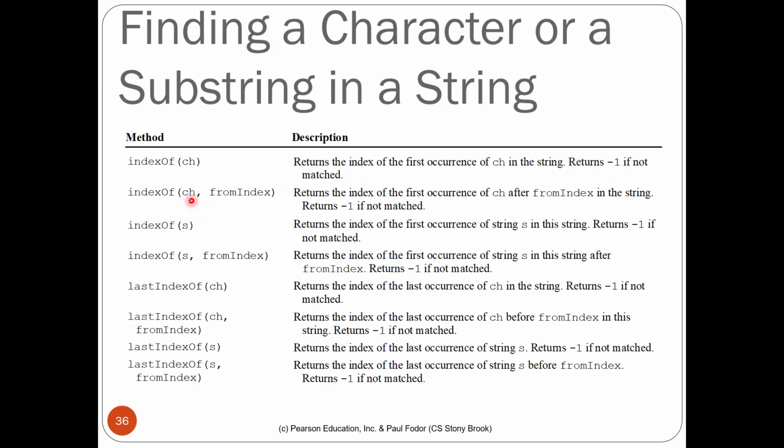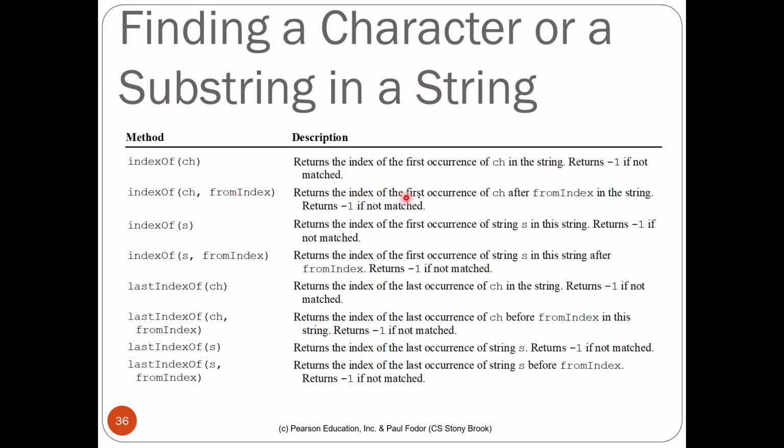Now for indexOf(ch, fromIndex), you can specify that the search for the character ch starts from an index. If you do not specify fromIndex, then it will search for that character starting from 0, from the first character in the string. But you can have a more specific search by specifying the starting index, fromIndex.